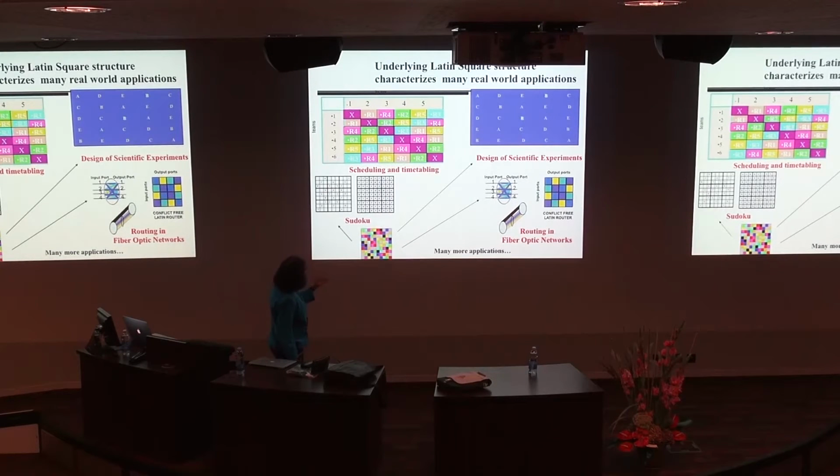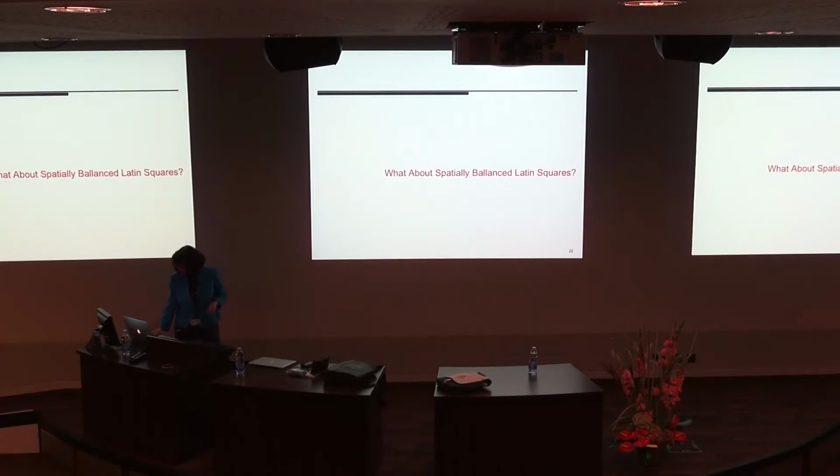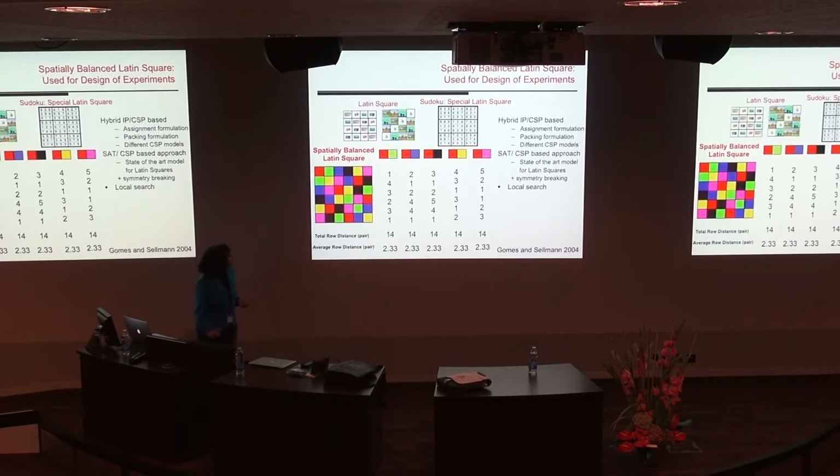It appears in several problems, but it turns out that when we first tried to solve them, I was saying, no problem, we can easily generate spatially balanced Latin squares for any order. They wanted to go up to about 30, and I thought we could do it trivially. Well, because of the constraints, we couldn't.